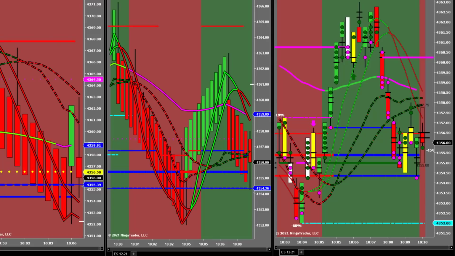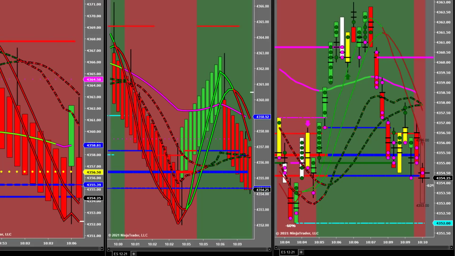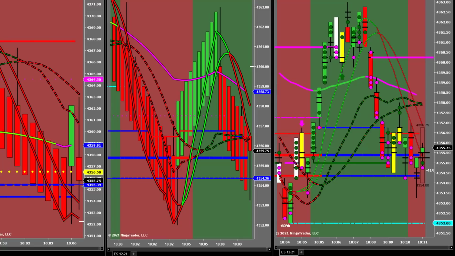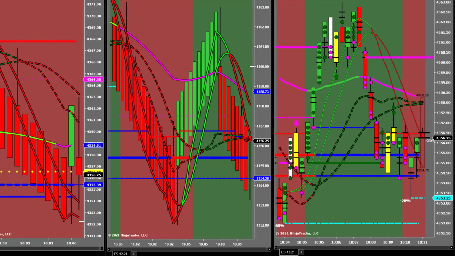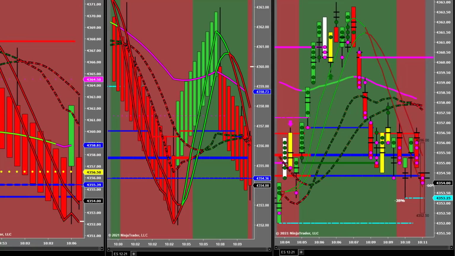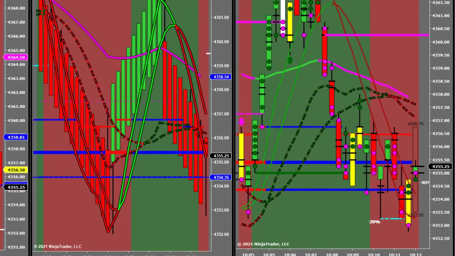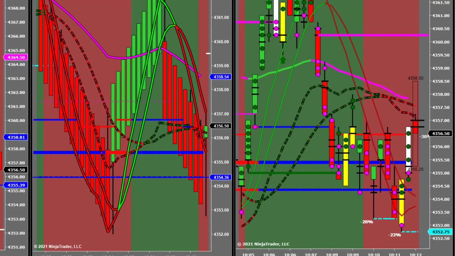Now I'd have a stop at 54 after that stranded buyers, because if it takes that out, we don't really want to mess around with it too much. Oh, they're being mean today. They're chewing up the support, but you can see our triggers have rolled over strongly on our market flow chart, which is not really as good for longs.